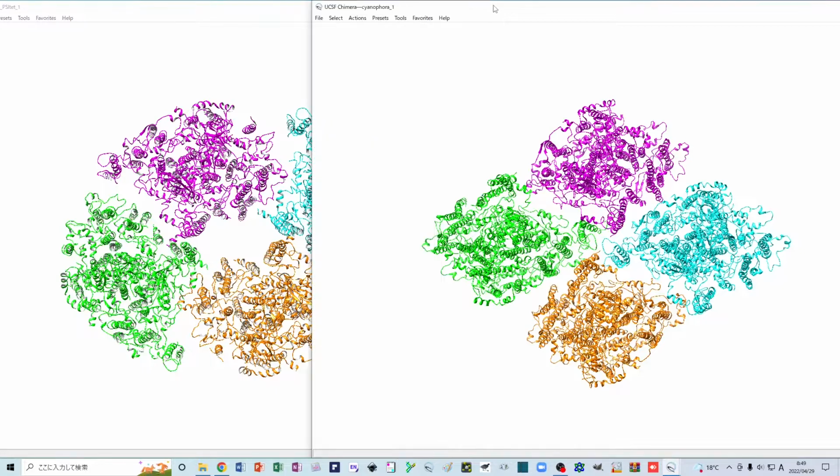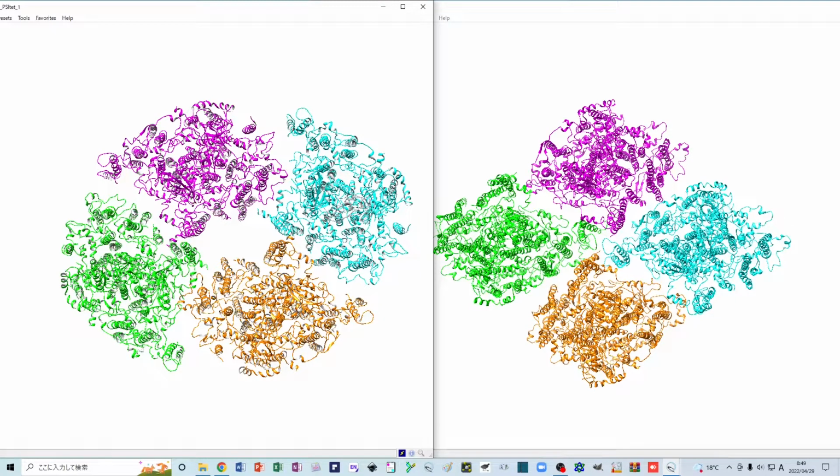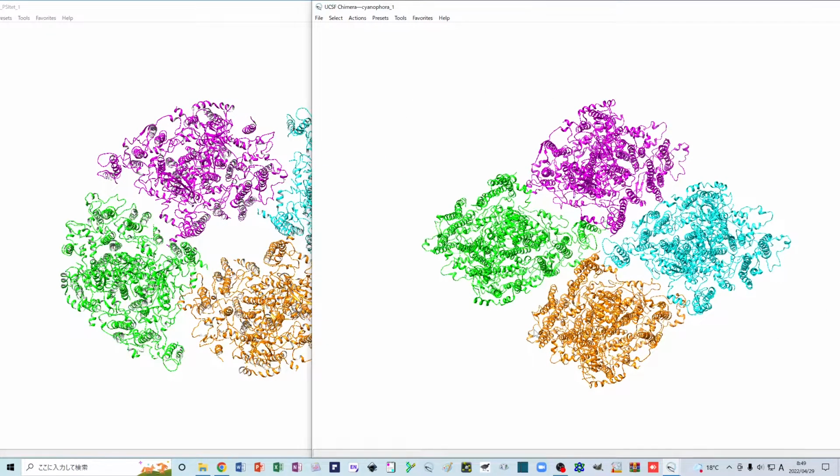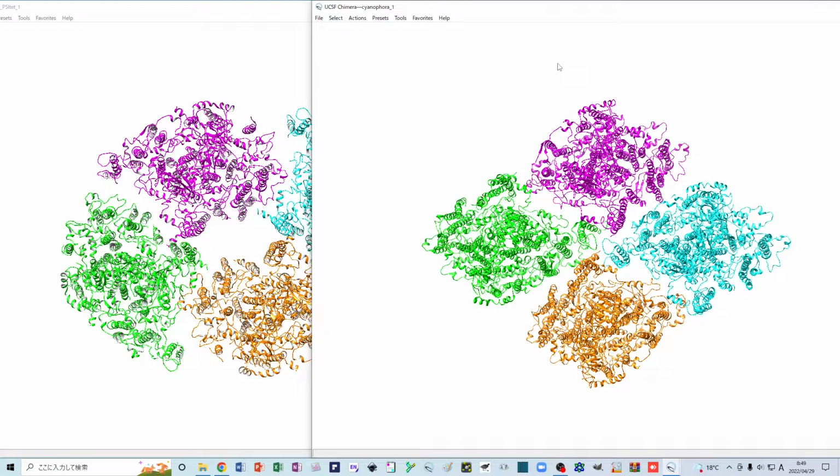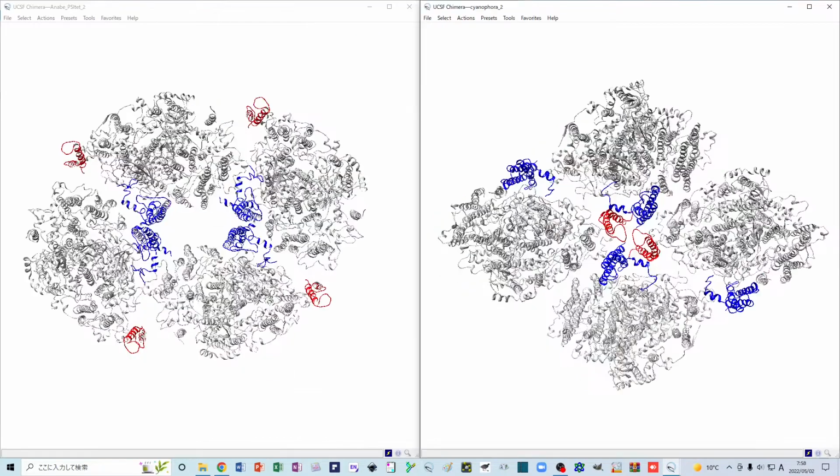So you can see the different interactions among PS1 monomeric units between the two species, Cyanophora and Anabaena. This is the first result of an oligomeric PS1 structure from a photosynthetic eukaryote.